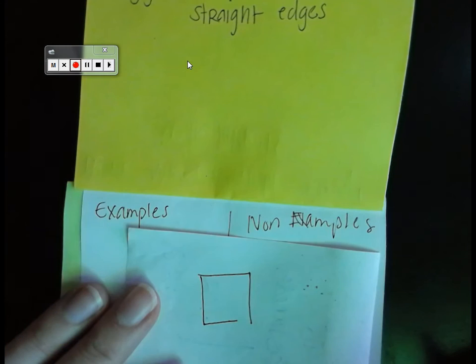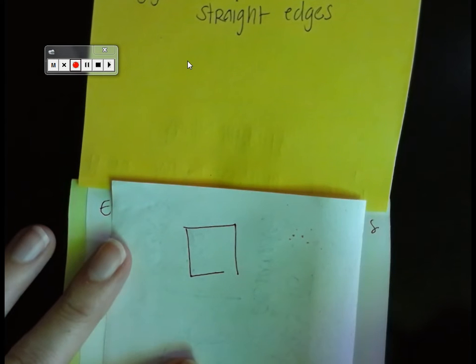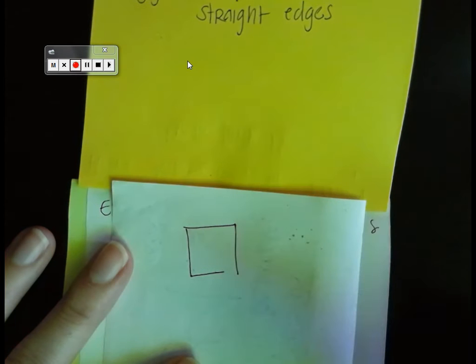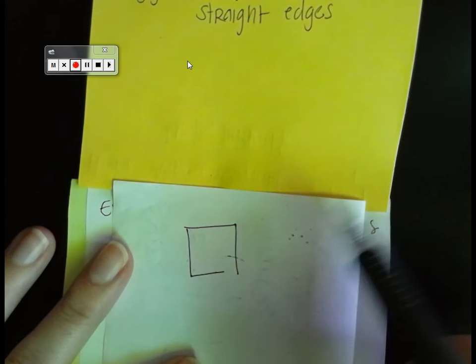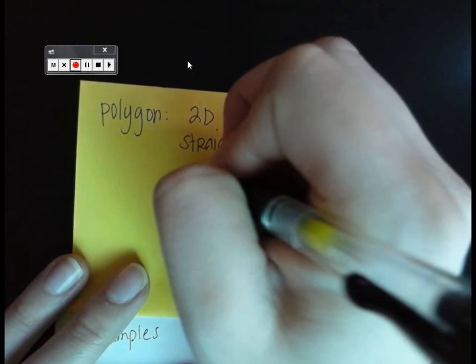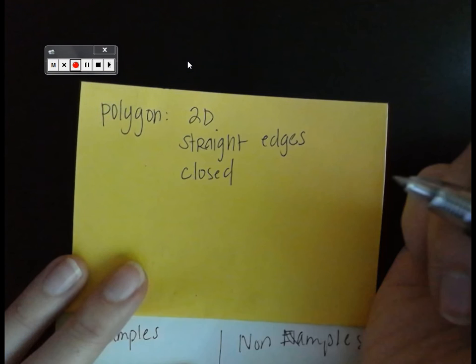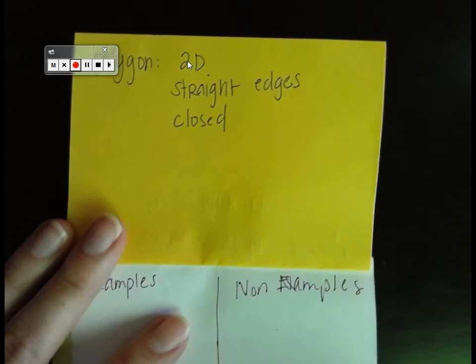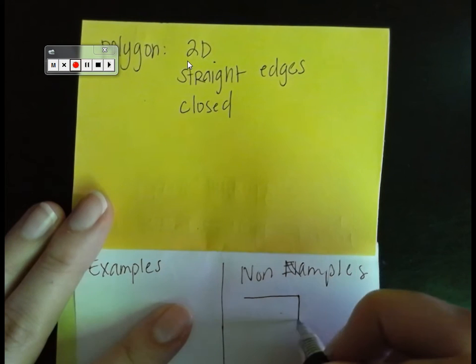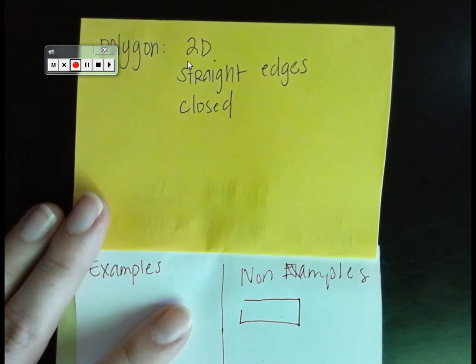Do you think that's an example or a non-example of a quadrilateral? Non-example. What's wrong with this? It's not completed. See this? It's not closed. So for it to be a polygon, it has to be closed. So that would be a non-example.